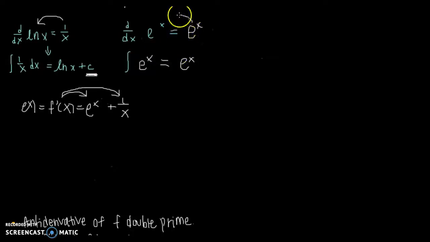So when you work the opposite way, the antiderivative of e to the x will be e to the x plus c. So for this example, I'm just going to apply it to these two. The antiderivative of e to the x is the same thing, so it's e to the x, and then plus the antiderivative of 1 over x, which is ln x.